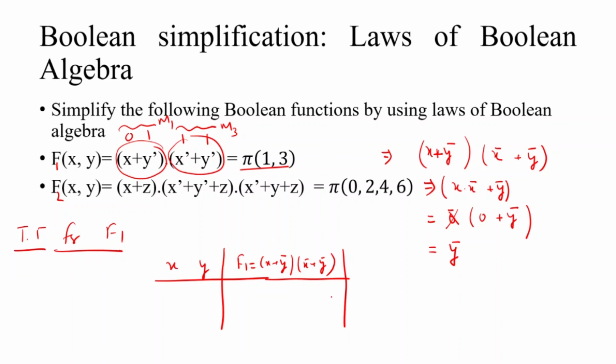And here it is in minimized or simplified form, written as y complement. Is the output the same? Here the possible values are 00, 01, 10, 11.